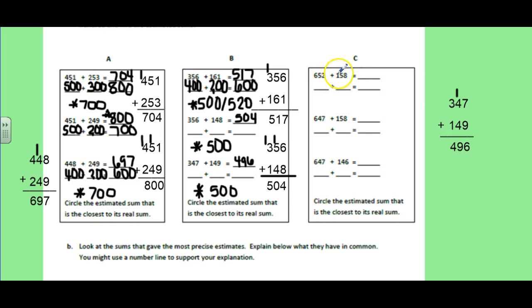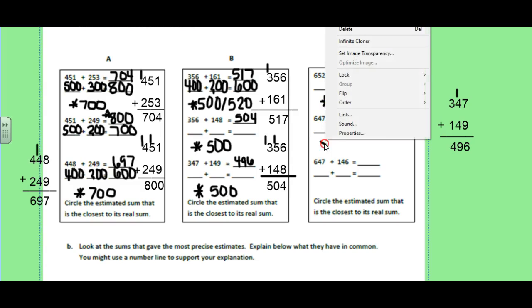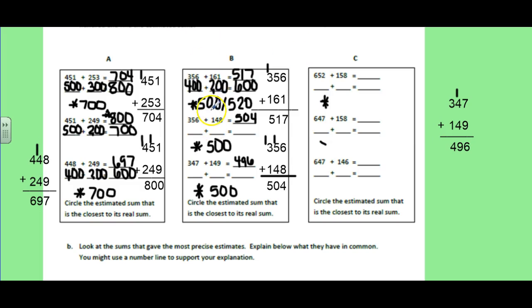Okay, so what I want you to do over here on part C is you're just going to take the actual numbers and you're going to add those together and find the actual answer. So you're going to do that for all 3 on your piece of paper. And then you're going to do what we've been doing here. You're just going to take the actual answer, you're going to put a star right here, and you're going to write down what you think the estimated answer could be. So like for this one, we did it to the nearest 100 and to the nearest 10.